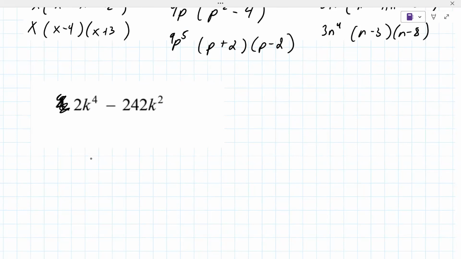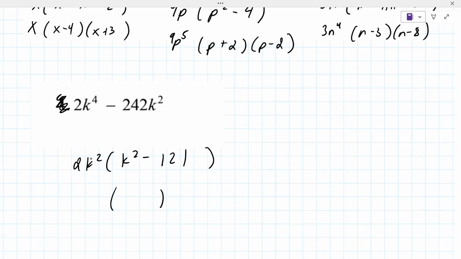2, and k would be k squared basically. So 2k squared, and then tell me what goes in parentheses here. In the parentheses, you would put k squared minus 121. Good.